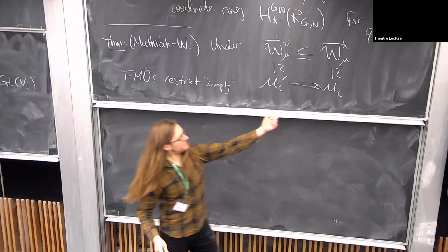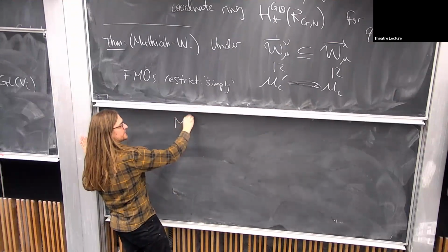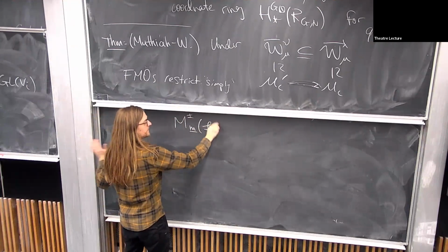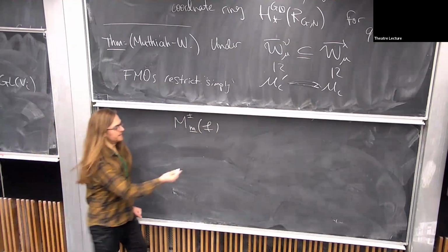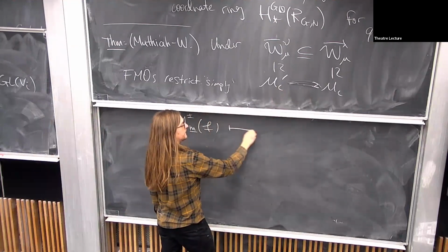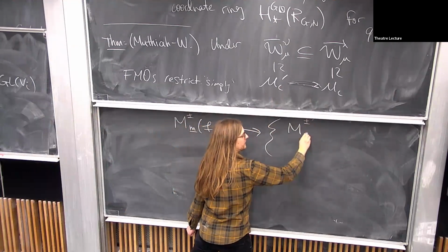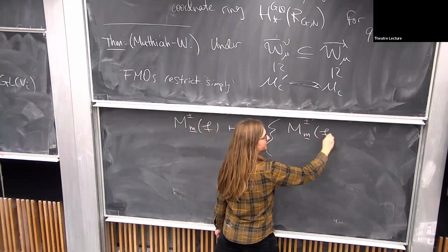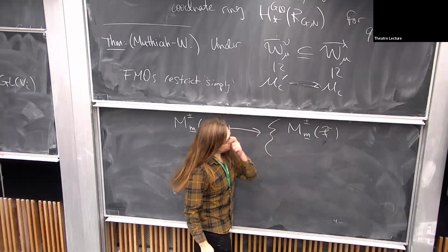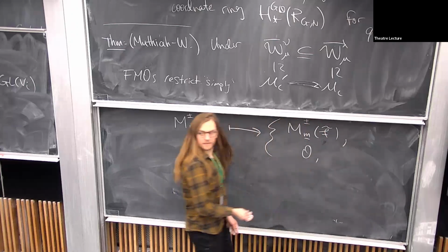So, okay, we have the coordinate ring of this larger Coulomb branch. It has some of these elements that we just discussed, these fundamental monopole operators. I can restrict them under this map. And the claim is that either they restrict to exactly the same thing with the same data, other than that you have to tweak that function, but it's nothing complicated, or they restrict to 0.